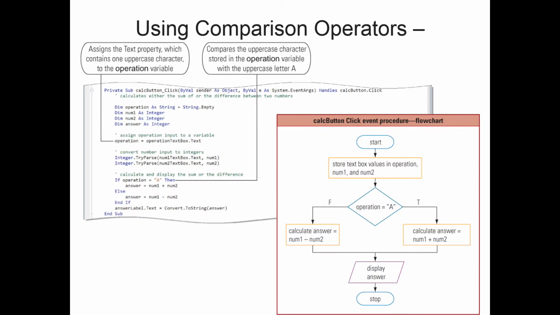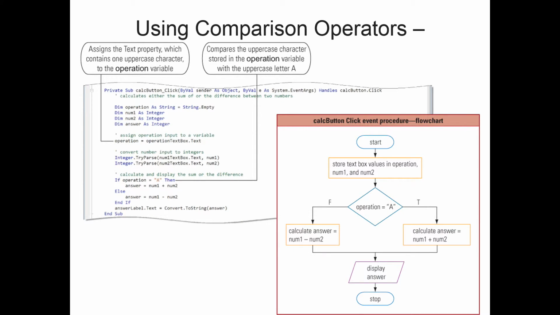Take the text and use the TryParse method to convert the text to an integer, and then assign them into num1 and num2. And in our if statement, we compare what string is in operation. If it's equal to capital A, then we just add num1 to num2 and get our answer. And if it's not A, here we are assuming that if it's not A, it must be S, and in that case we subtract the two numbers.